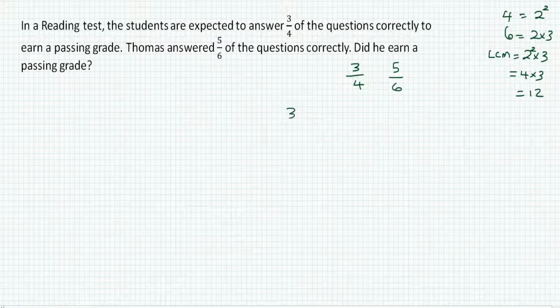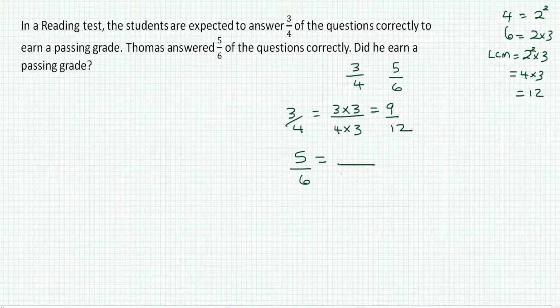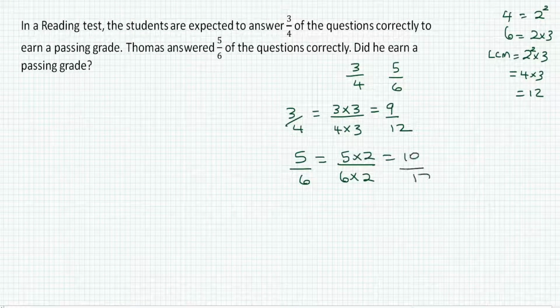So 3/4 now becomes, we multiply 4 by 3 to get 12, and we multiply 3 by 3 to get 9. So you have 9/12. And then 5/6, we need to multiply 6 by 2 to get 12, and then 5 by 2, we have 10/12.